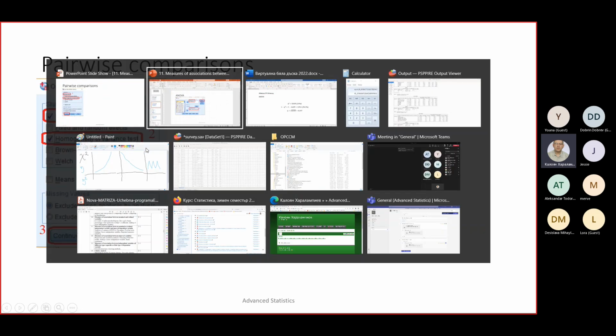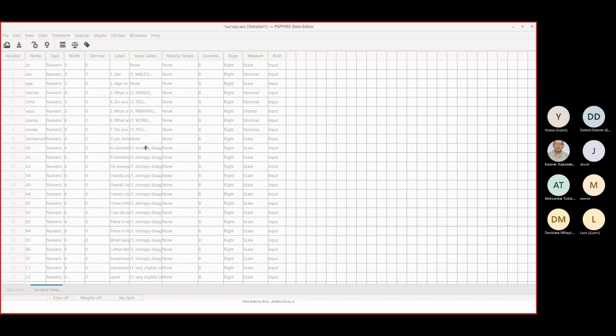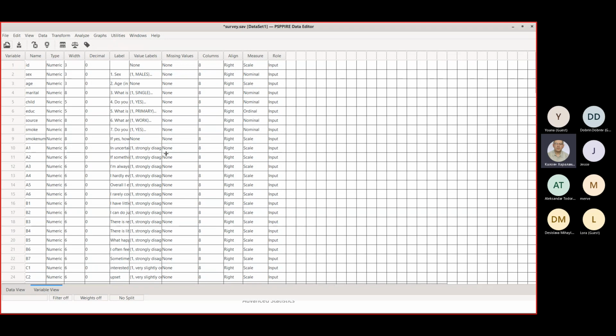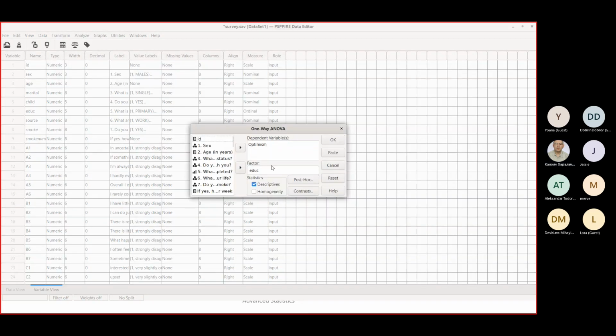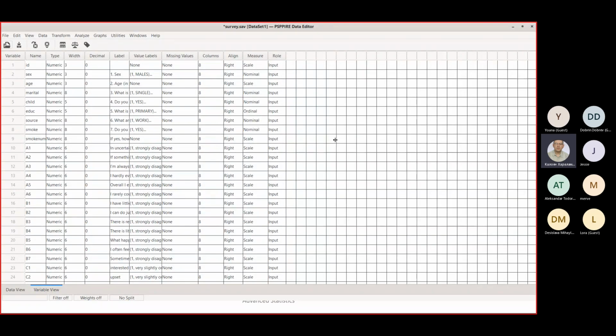In PSPP, this option also exists. If I choose analyze, compare means, one way or another, here we have homogeneity tests. And I will press here, okay?